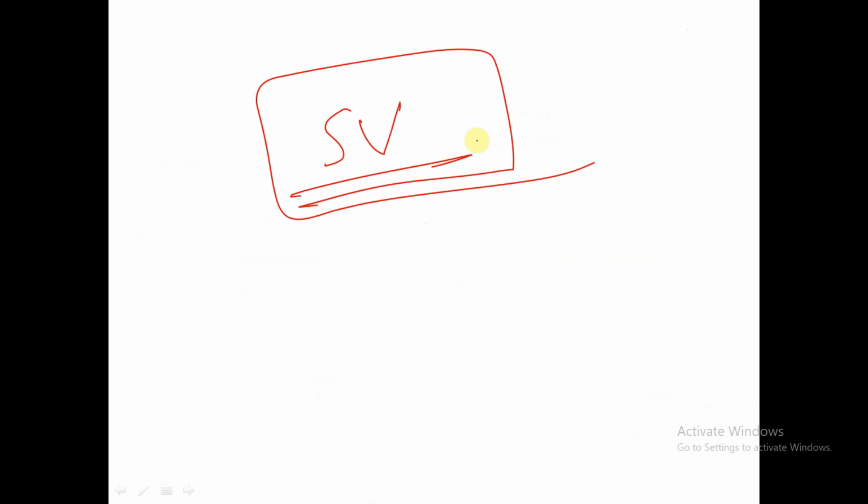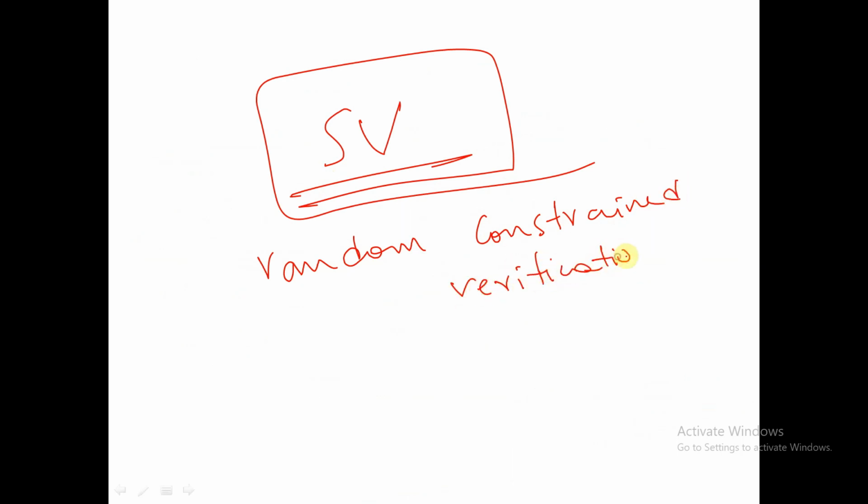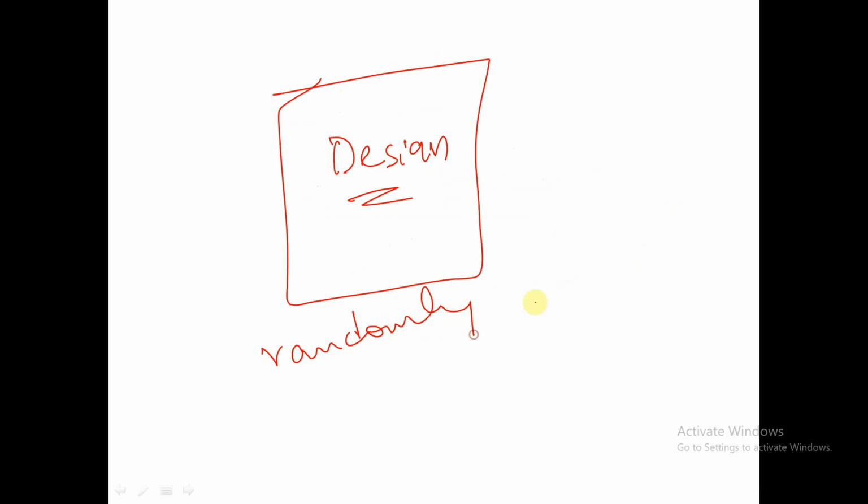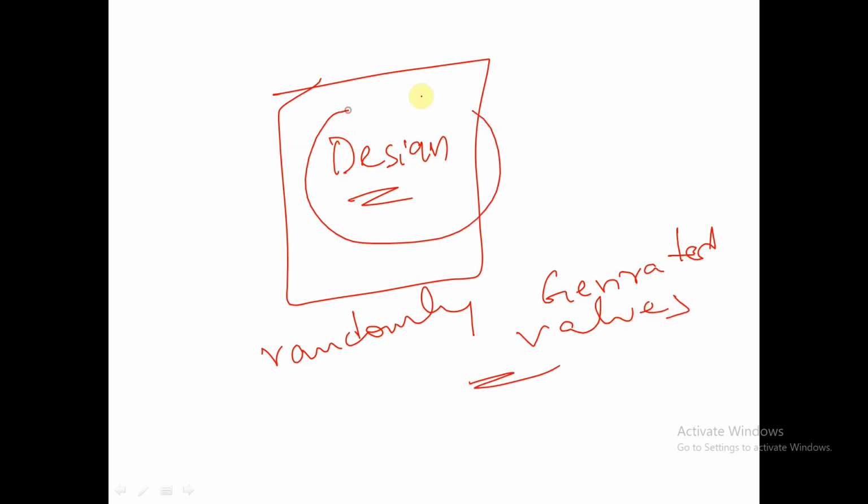So in SystemVerilog, we will use random constrained verification. By using this SystemVerilog concept, if we have a design, then by using randomly generated values, we are going to test our design.